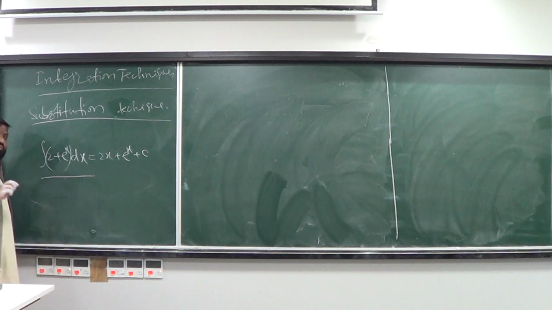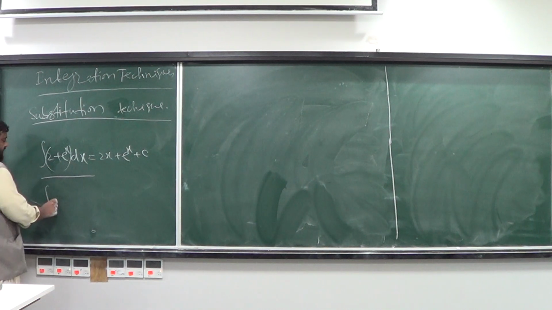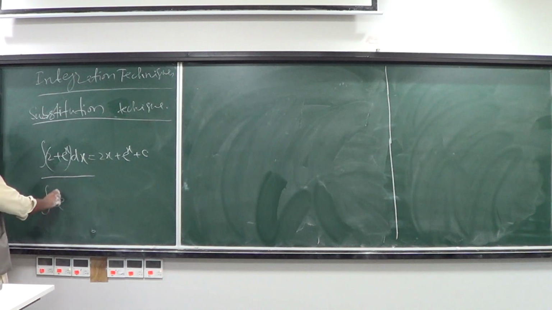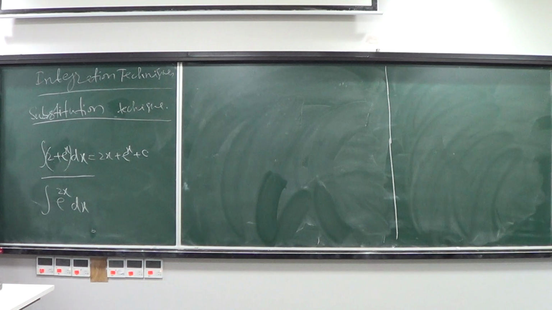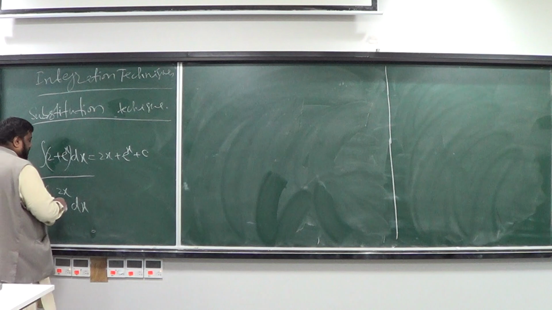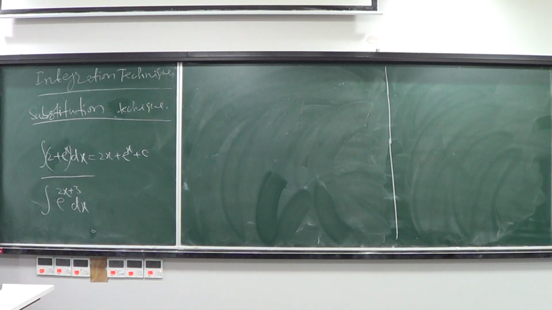But the interesting situation would be, what if instead of having 2 here, I have, say, 2x here dx. What should be the antiderivative of this? Or say instead of having this, I have e to the 2x plus 3, a linear expression in the power.